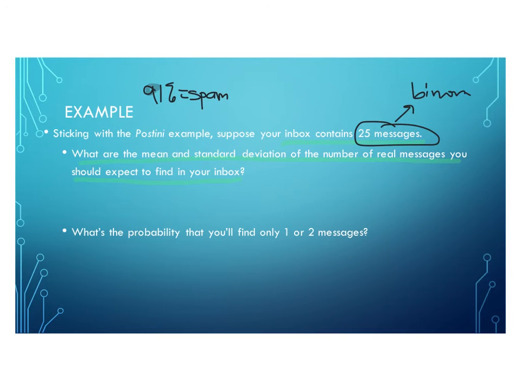Okay, so remember to find the mean of a binomial model, we have E of x equals mu, which is 25 for our messages, times... are we going to use 91% or are we going to use 9%? Well, notice it says the number of real messages, so we're going to use the 9%. And then we just type that into a calculator, and it is 2.25 messages.